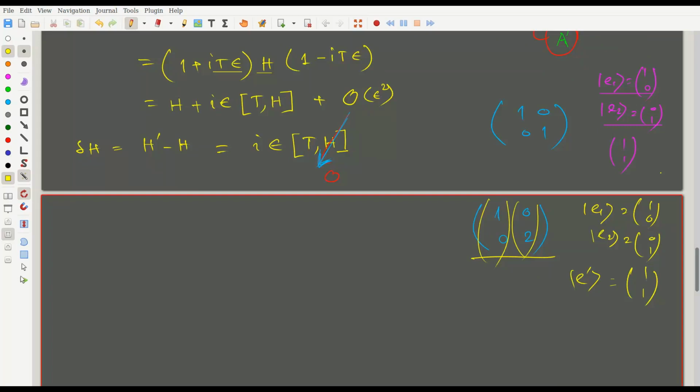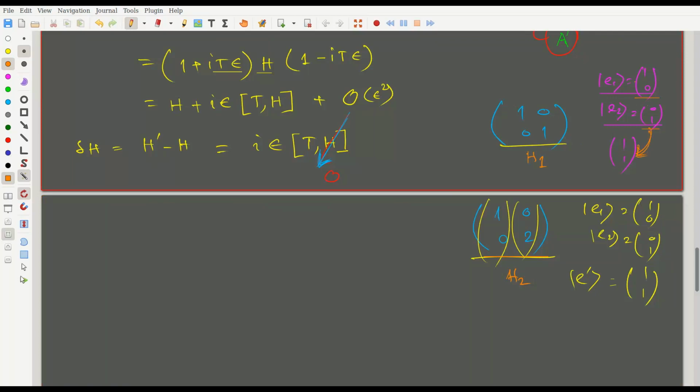I think the answer is rooted in symmetry. Suppose you call this matrix H1. If this is your Hamiltonian H1 and this is your Hamiltonian H2. So what I am doing by this is a coordinate rotation, right?